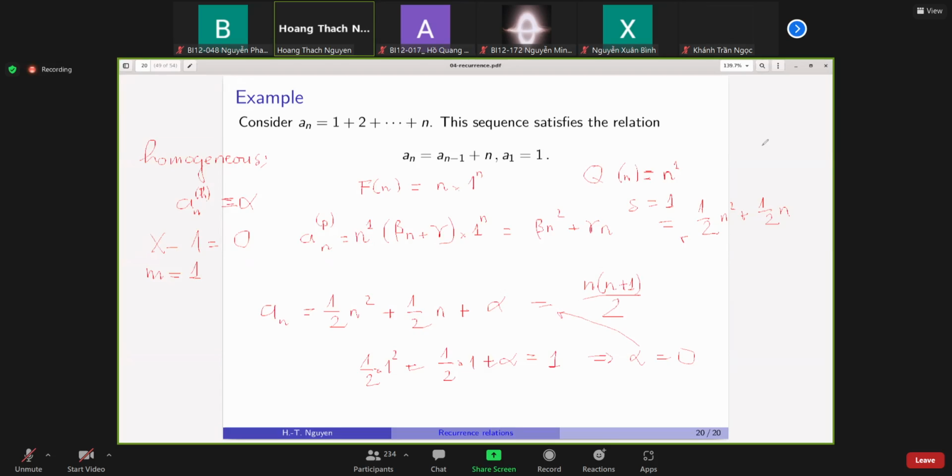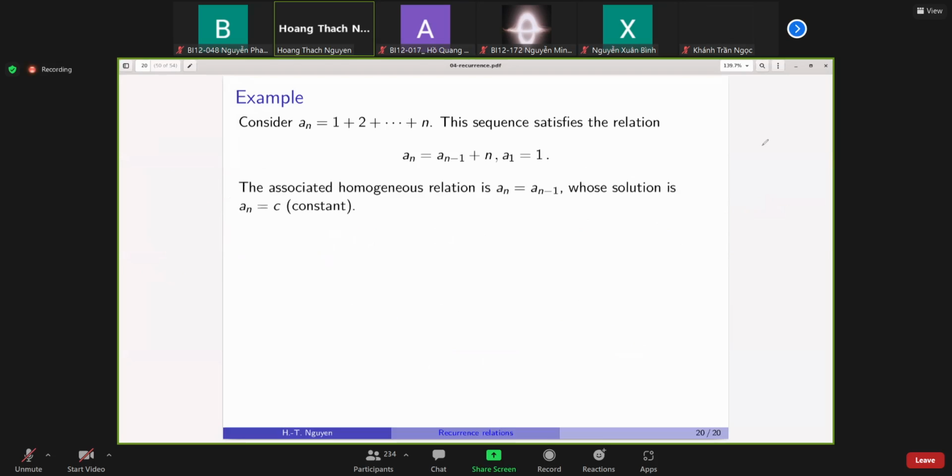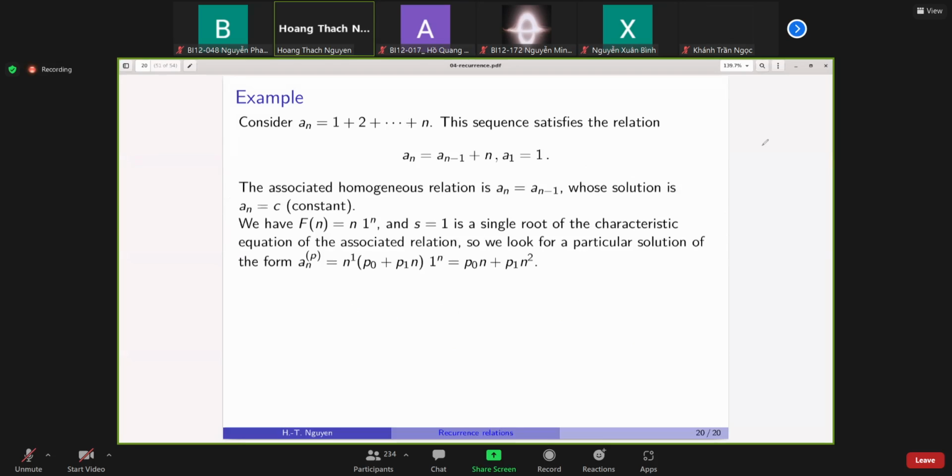So okay, here it is written here. So here m is equal to 1. Single roots, single meaning multiplicity 1.